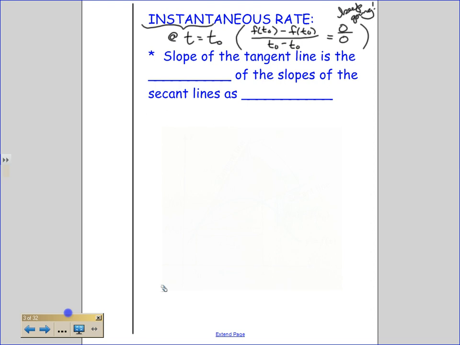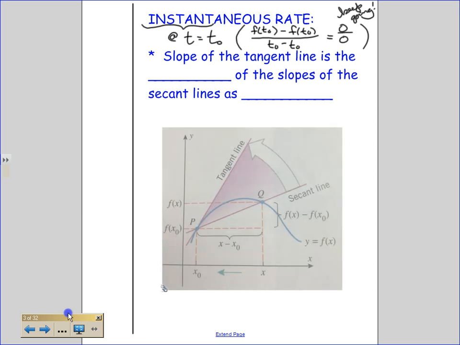This is literally an identical function minus an identical function. How do you factor and simplify? If it's the exact same thing, first minus the second, well, we have to think about it a little bit differently. We're not going to fill in the blanks quite yet. Secant line.